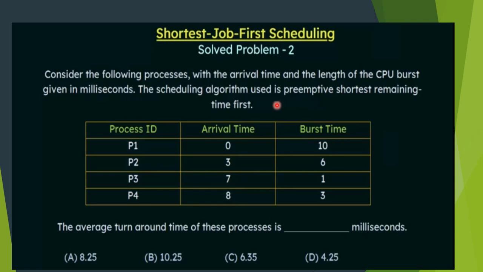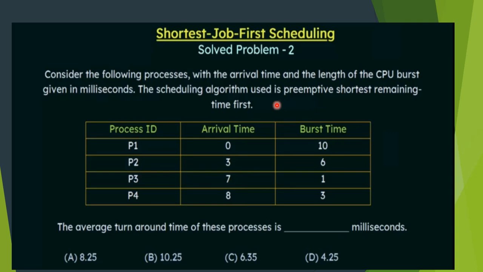It is preemptive, meaning this time around, even though a process has begun running, as soon as another process with a lower burst time comes in, that process has to be preempted. It has to stop what it's doing, and then the one with the lowest burst time will come in and begin using the CPU.